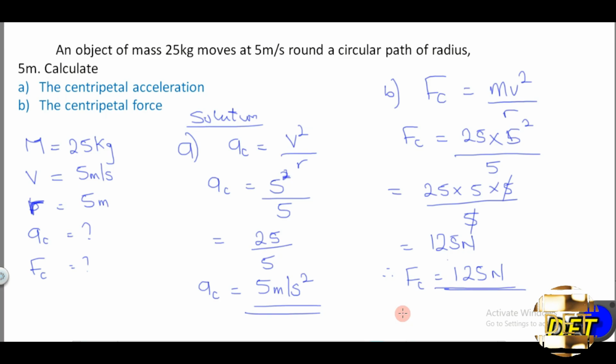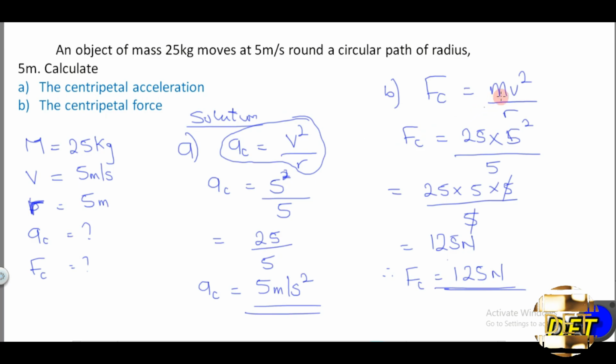Very simple and straightforward. So the major thing that you should know here is to know the formulas. If you are calculating for centripetal acceleration, you should know that the formula is a_c, which is centripetal acceleration, is equal to v squared over r. This formula is very important.